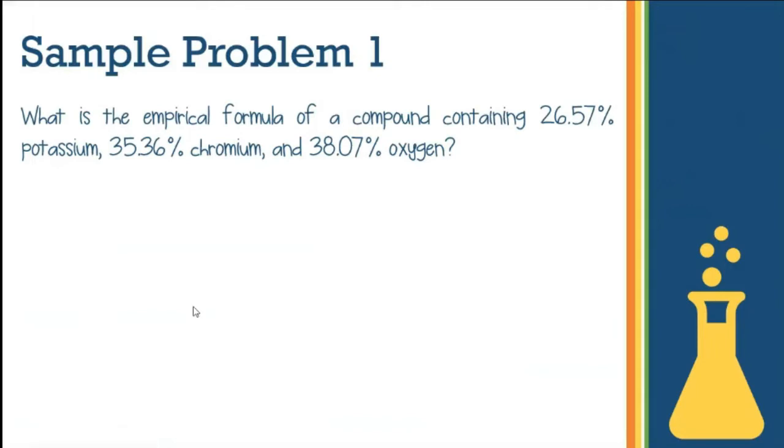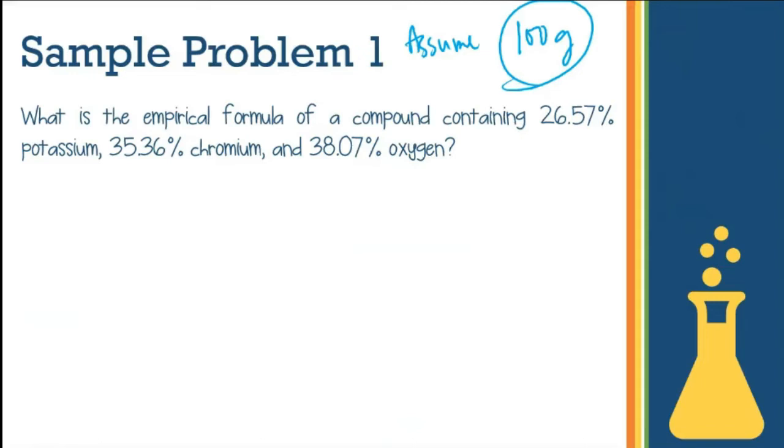Okay, what is the empirical formula of a compound containing 26.57% potassium, 35.36% chromium, and 38.07% oxygen? So, kapag pinag-uusapan natin si empirical formula, you have to assume that everything is 100 grams instead of 100%.